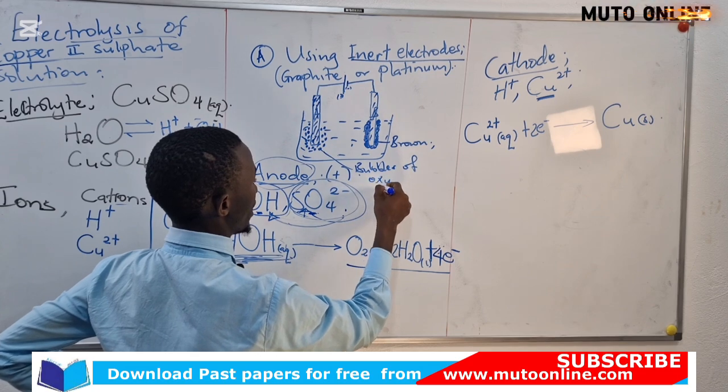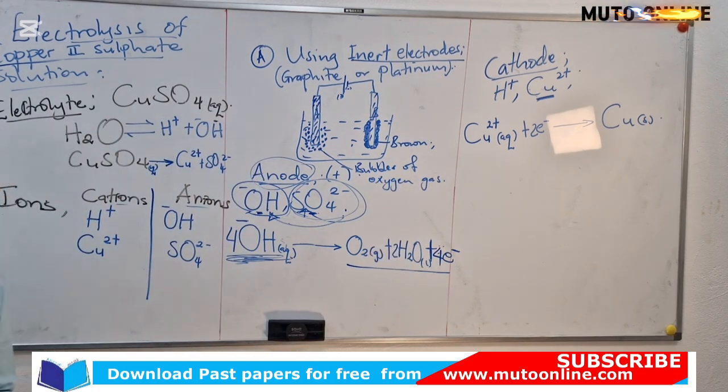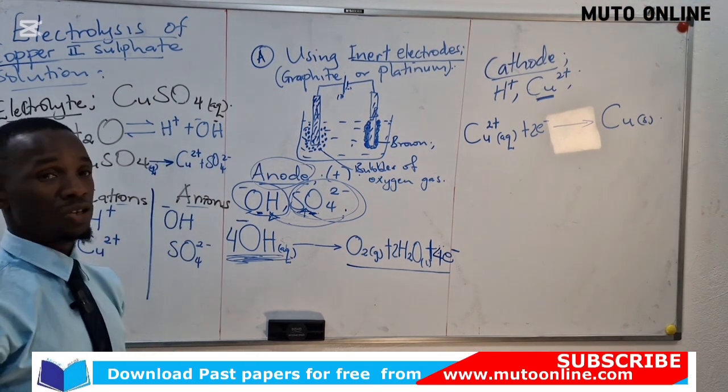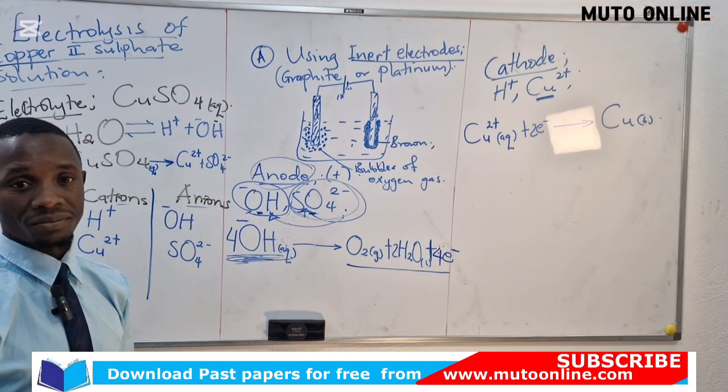Members, that is electrolysis of copper II sulfate using an inactive or inert electrode, that is strictly graphite or platinum.